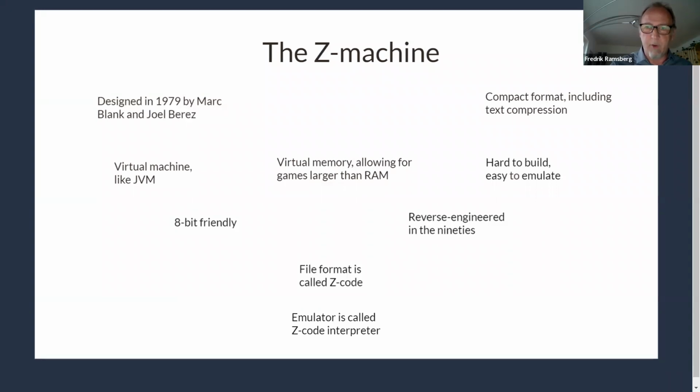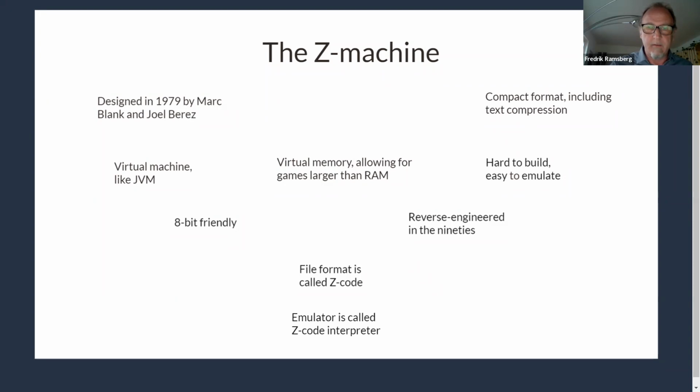It has virtual memory, so the first version of the Z machine can handle a game up to 128 kilobytes, running on a computer which needed about 32 kilobytes of RAM to do this, and a disk drive, of course.